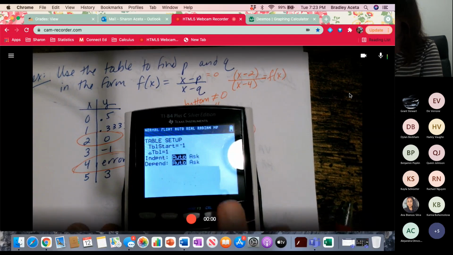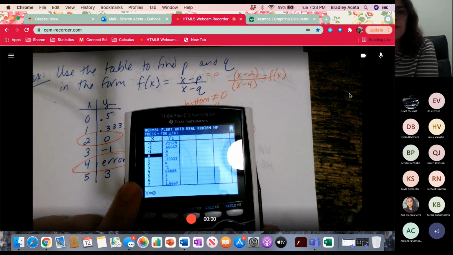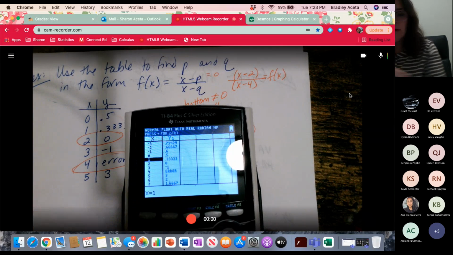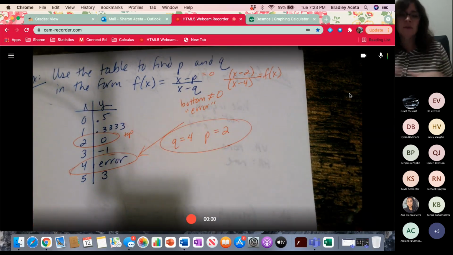Let's go to the table. And look at that. Here's 0.5, here's 1.33, here's 2, 0, here's 3, here's 4, error. Okay, I got the same exact table that they gave me. So I must have done it right.